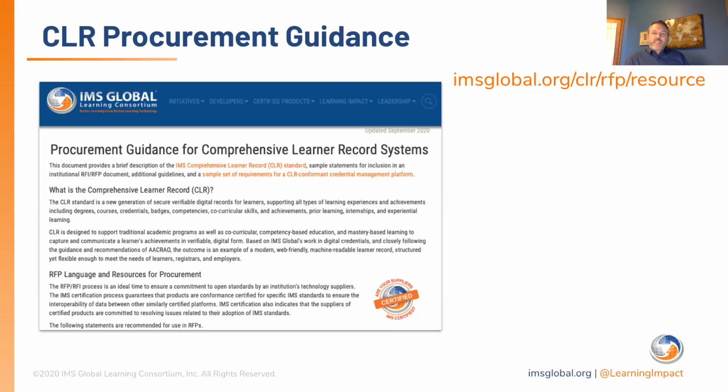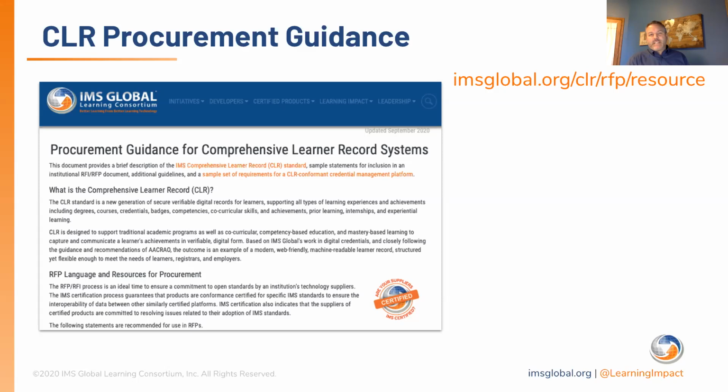There's a new resource coming from IMS that's intended to help institutions work through their RFI or RFP process as well. This is a document called Procurement Guidance for CLR Systems.